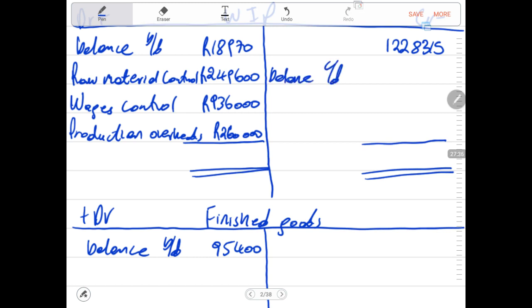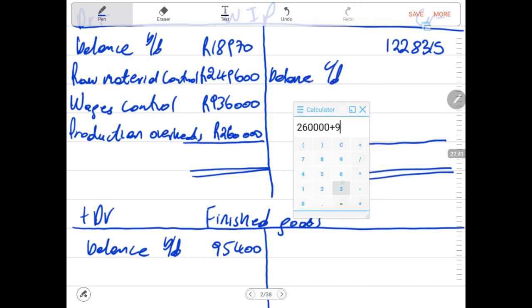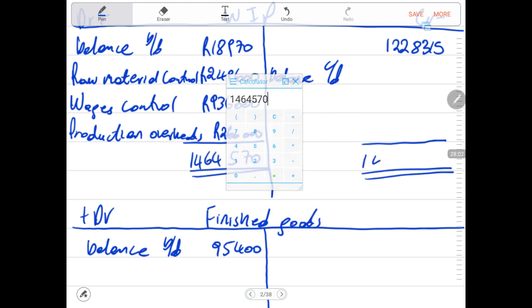So now we need the total of the debit side: 260,000 plus 936,000 rands plus 249,600 plus 18,970. Then this will give us 1,464,570.